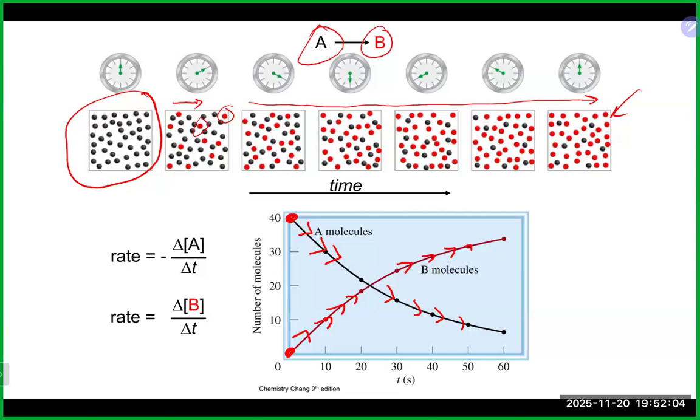It's going to take longer for everybody to come together to make products, and it's going to slow down very much. At the very beginning of the reaction, there's a ton of reactants present, so it doesn't take a long time for them to find each other and kick off the reaction and start making products. But as you start using up your reactants, the pool of reactants gets smaller and smaller. It can take longer for them to continue to make products.